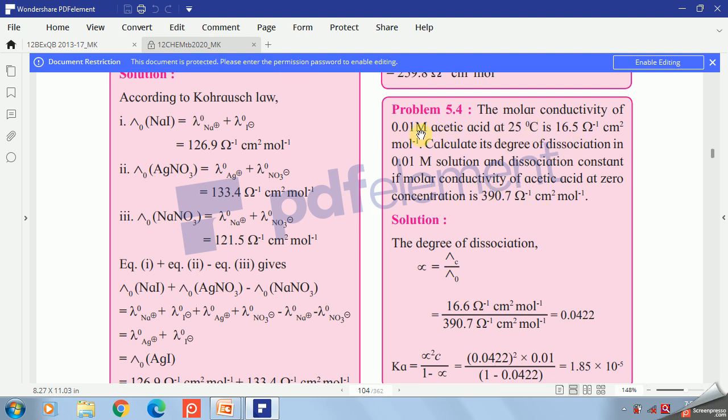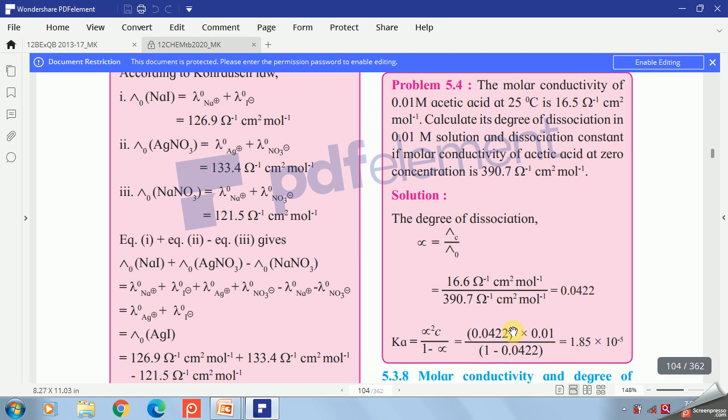Molar conductivity at 0.01 molar concentration is 16.5 ohm inverse centimeter square per mole, and molar conductivity at 0 concentration is 390.7 ohm inverse centimeter square per mole. Substituting these values, alpha is equal to 0.0422. Okay, then what is the dissociation constant?